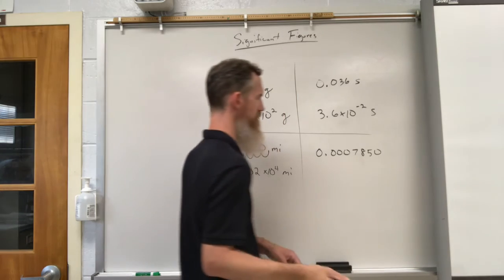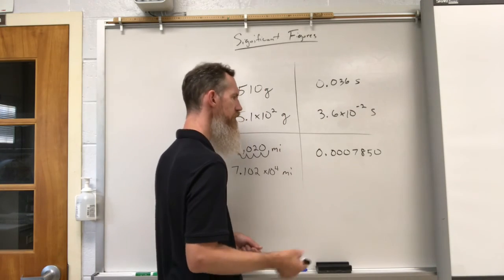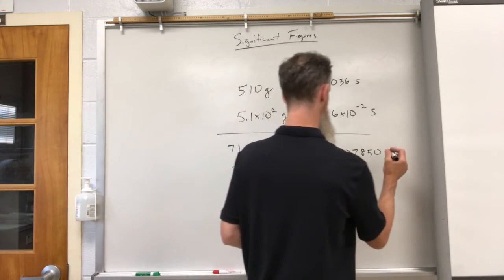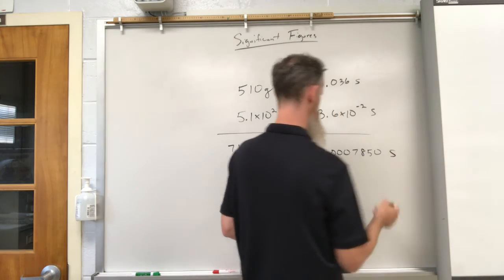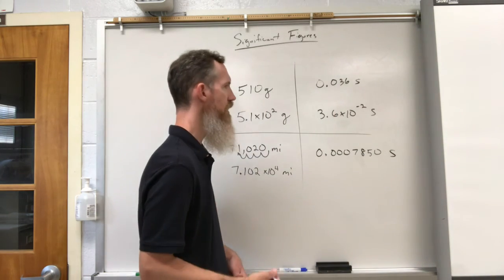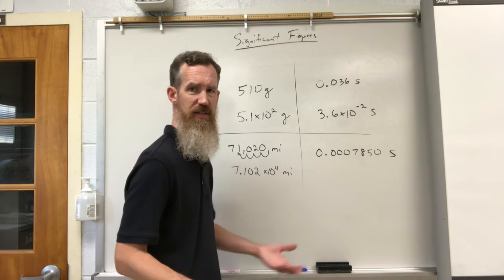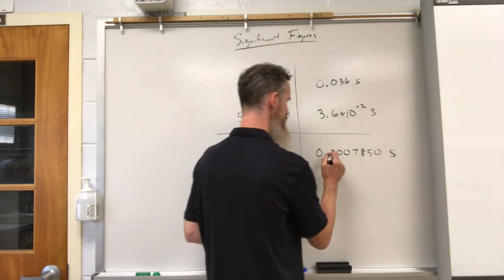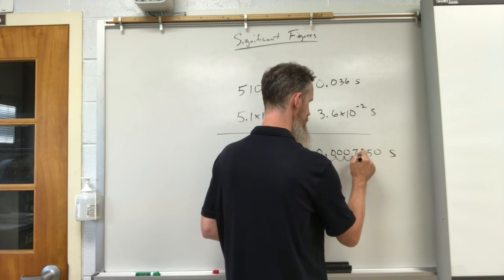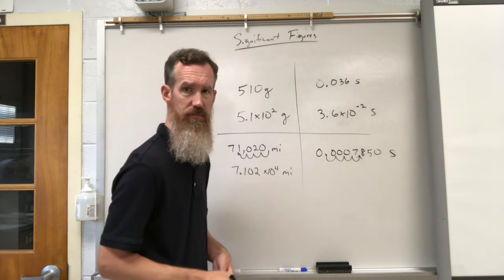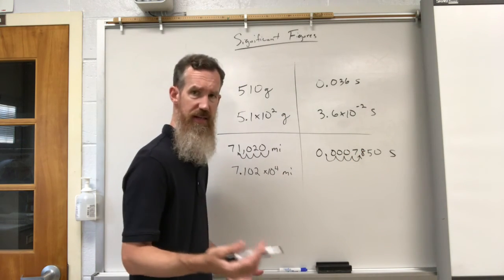Let's say again this was seconds. It's happening really fast. How many sig figs? What zeros are placeholders and what zeros aren't? Well, I can move the decimal to put it in scientific notation.